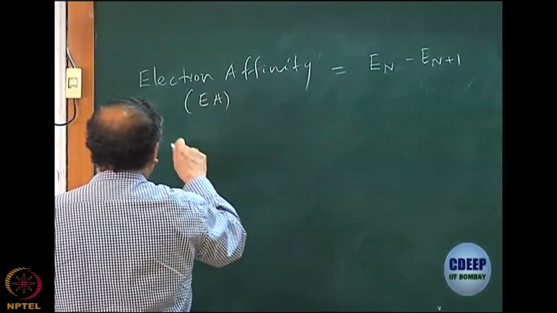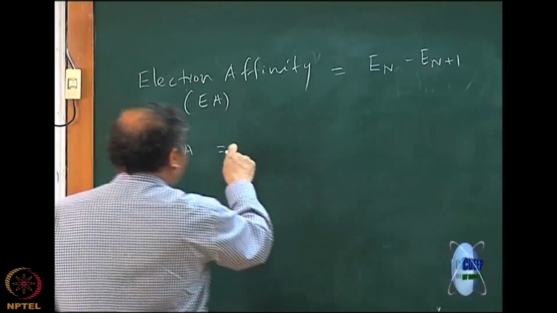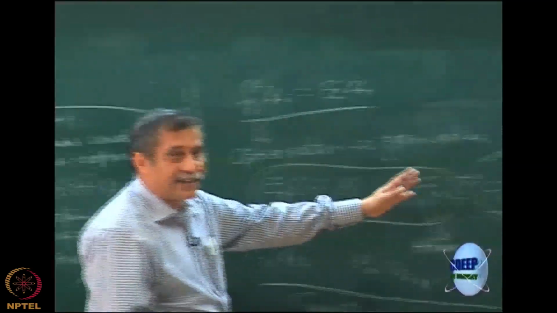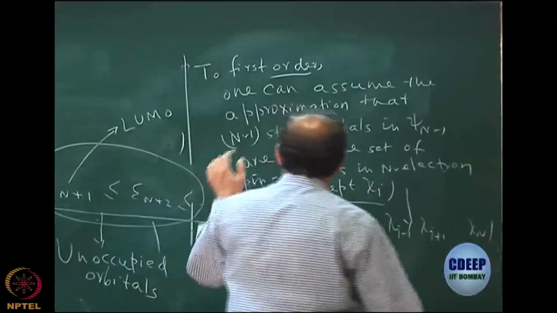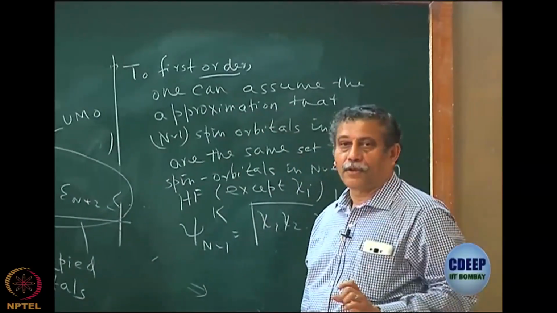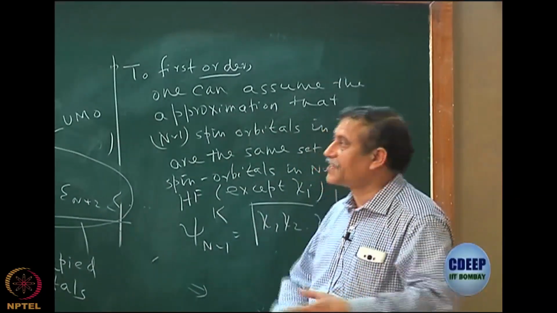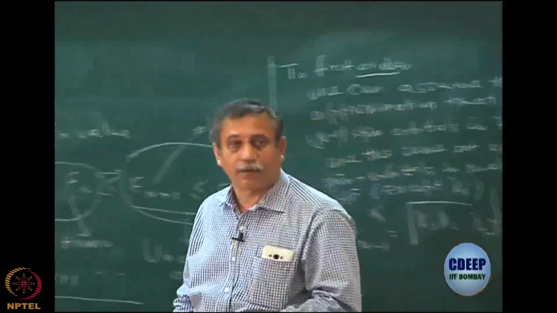The Koopmans approximation says that if I now do exactly the reverse of what I said before, if I put an additional electron in this system, that means I generate an N plus 1 electron wave function.